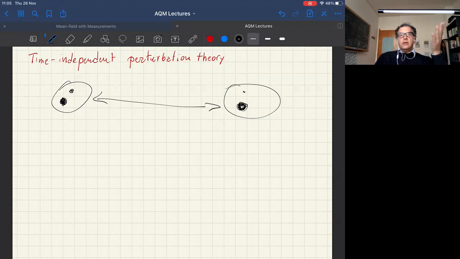Okay. Since positive and negative charges are not in the same place, there will be some net interaction, which in general will be much weaker than the direct Coulomb interaction. So it does not scale like 1 over r, but it will scale very differently.